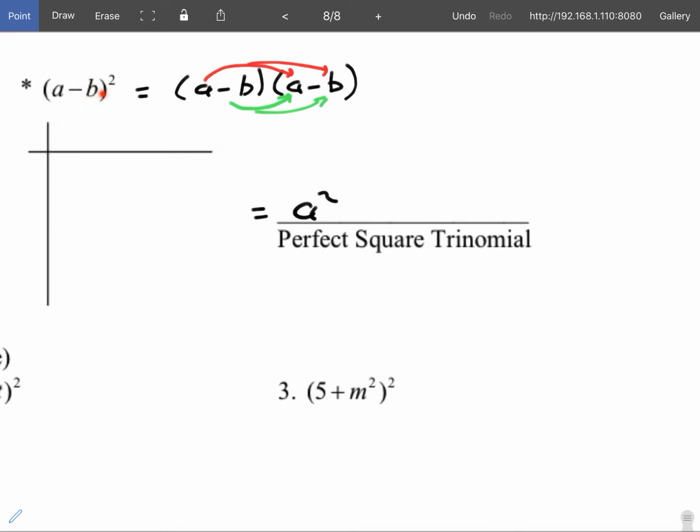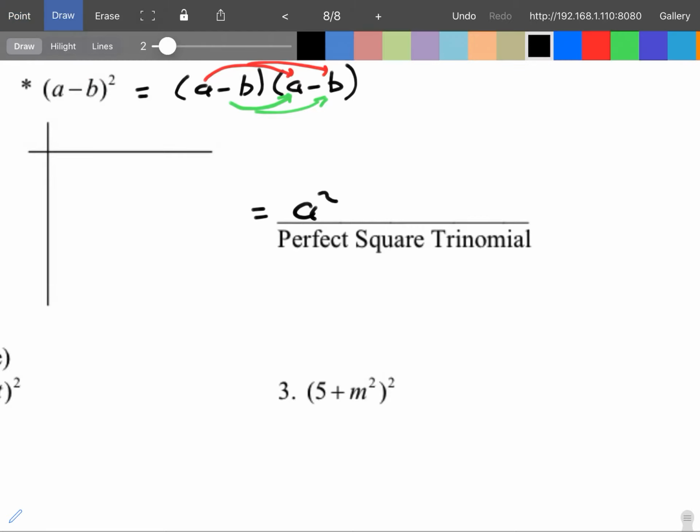So that's a negative b squared. So what's negative b times negative b? b squared. Yeah, it's positive, right? So if you take that second term right there, that negative b, and you square it, that means negative b times negative b. That would give you a positive b squared. So you'd have a positive b squared right here.